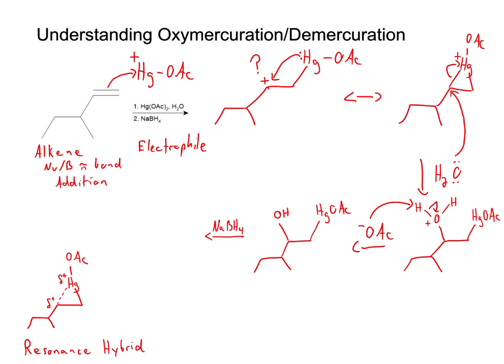So a hydrogen will be put in place of that HgOAc, completing the reaction. This is actually quite a complicated mechanism to do this, and it involves several steps in a radical reaction. So there's no way that you would ever be required to know this, so all you need to do is trust that we're replacing the HgOAc with a hydrogen.